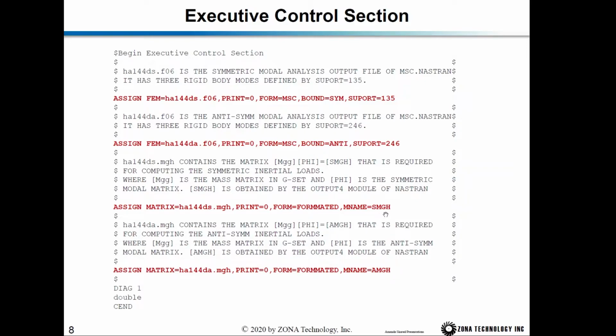The SMGH matrix is calculated by MGG times the symmetric mode, and AMGH is calculated by MGG times the anti-symmetric mode. Therefore, you don't need to import two matrices. All you need to import is the MGG. Once you import MGG, the trim module internally will use those equations to compute the SMGH and AMGH matrices for you.